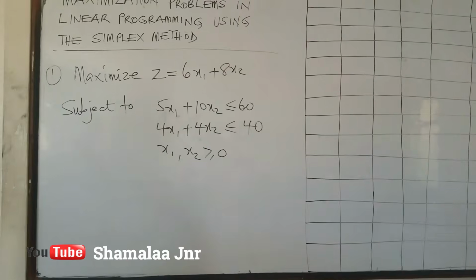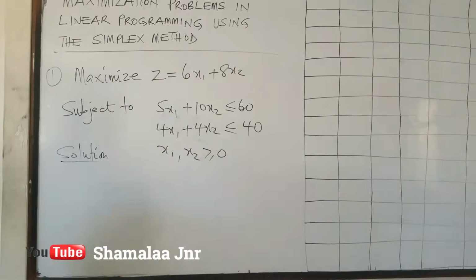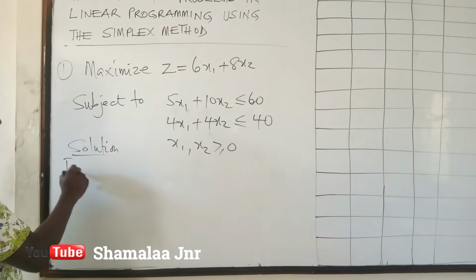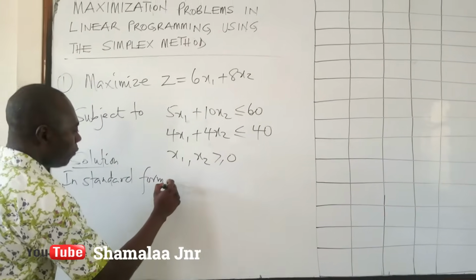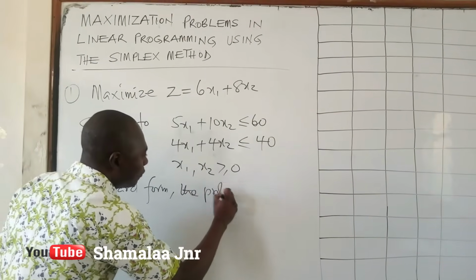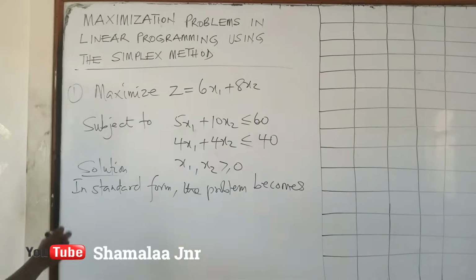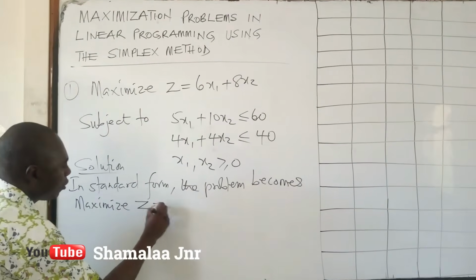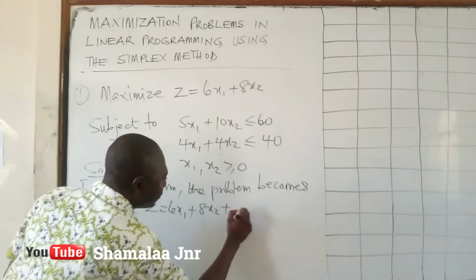In standard form, the LP becomes: maximize z equal to 6x1 plus 8x2 plus, we are going to continue this one.